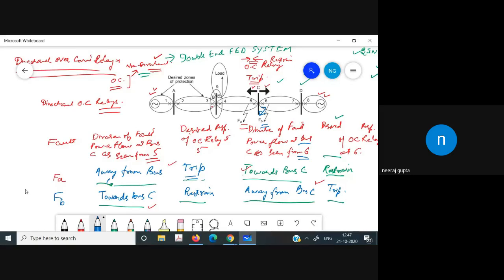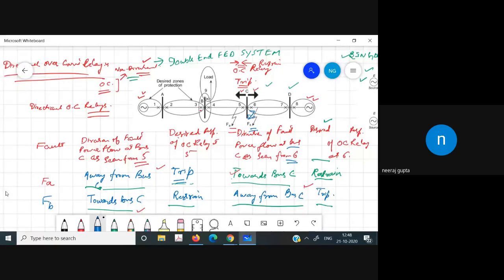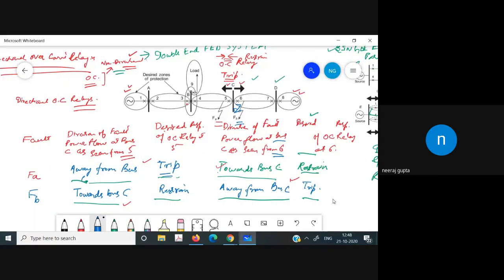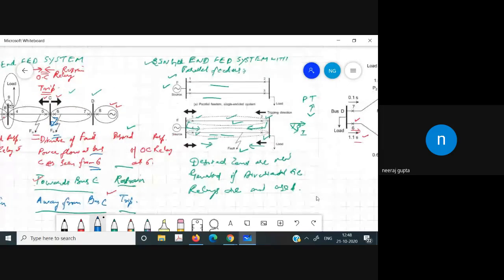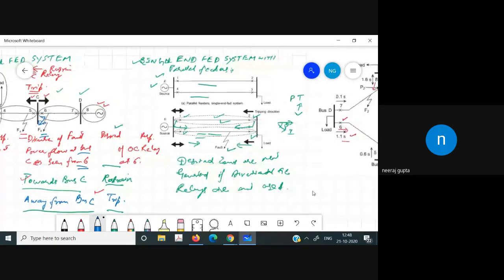Now this is for the double-end fed system. Then we discussed the single-end fed system with parallel feeders, where this type of relay, the directional overcurrent relay, can be used.